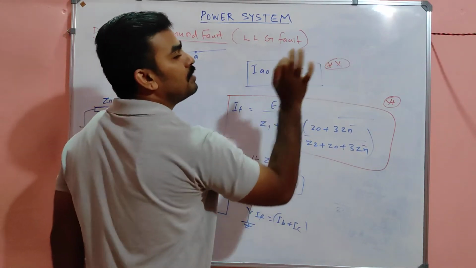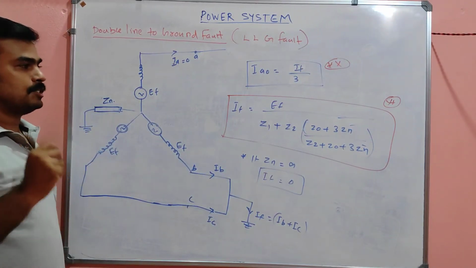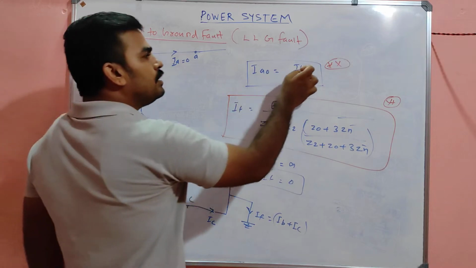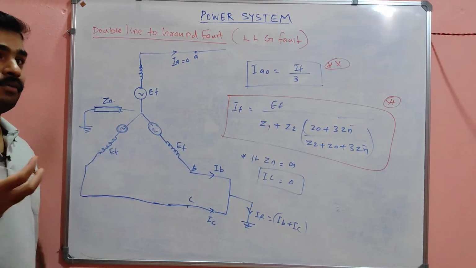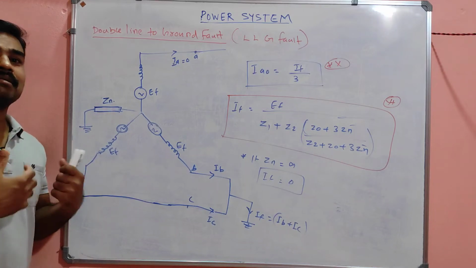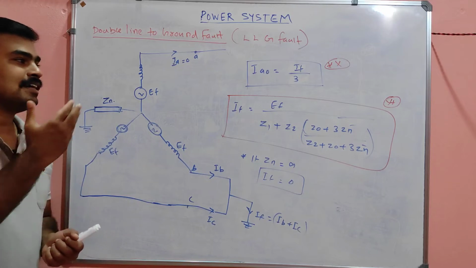This is a very, very important relationship in the LLG fault. Next, what is this fault current? Simply we know it is IB plus IC, but in terms of the sequence impedances, what is the value of this IF?